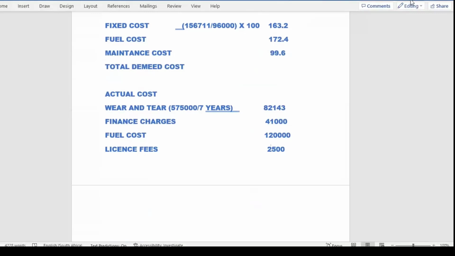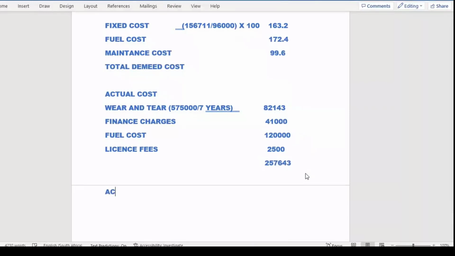Let's look if it does require an adjustment. Okay, then the total is 257,643. And then you're going to say the cost per kilometer is 257,643 divided by 96,000 kilometers just to get the actual cost per kilometer. Right, so that's the total, 257,643.